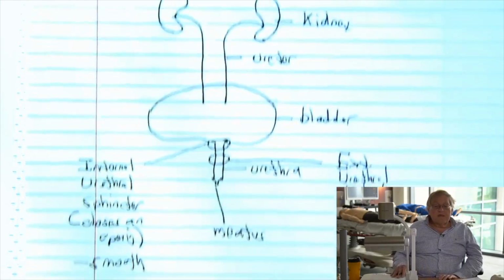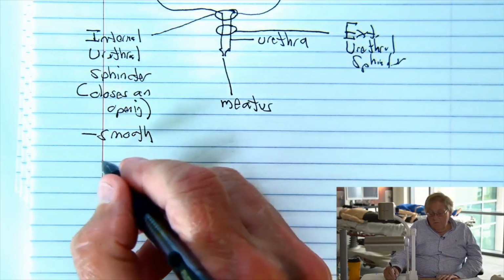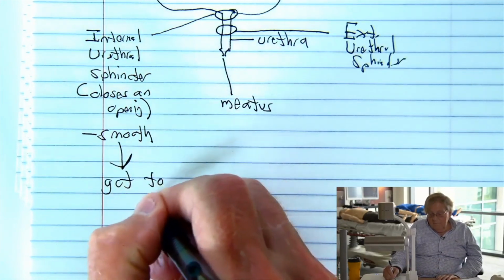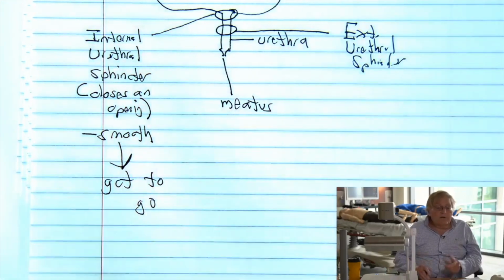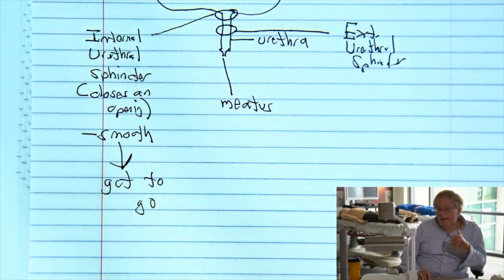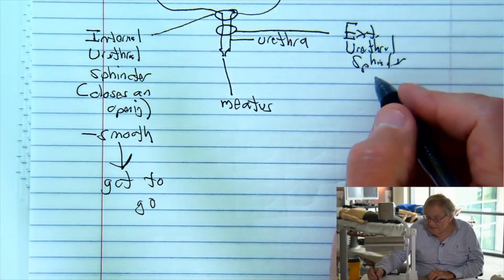That pressure wave in my bladder is going to say, I've got to go. But I don't want to go in this room right now. So therefore, I'm going to override that pressure wave of the internal sphincter, and my external sphincter is going to be skeletal muscle.